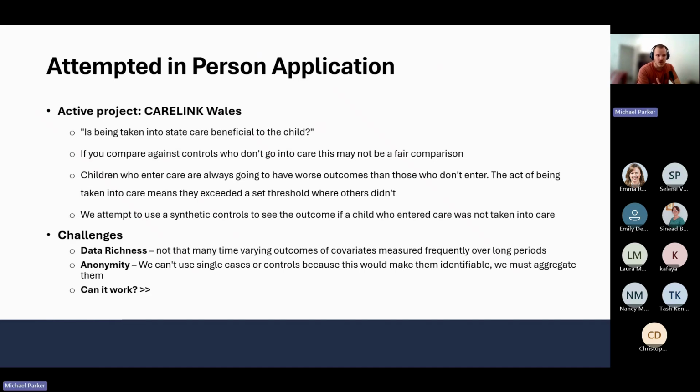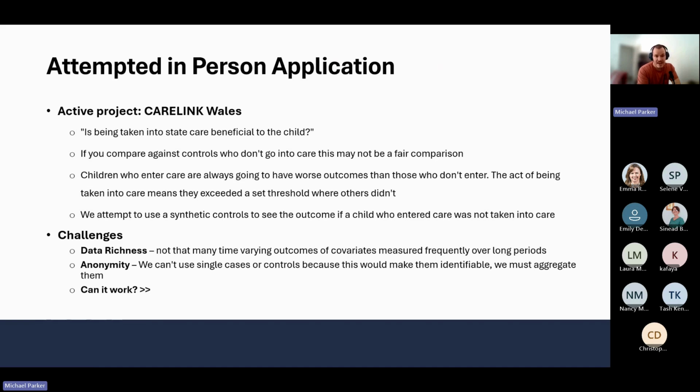However, it is fraught with challenges. Data richness. There aren't that many variables to study that we have, say, 30 years of data. I don't think we have 30 years of data within SAIL, are not reliable, or variables that are coded for all children for that amount of time.